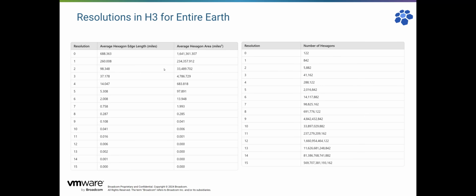The graph on the left shows there are 15 resolutions available in Greenplum for these hexes. If you do resolution 1, then every hexagon is 234,000 miles. If you do resolution 7, every hexagon is almost 2 miles. And at 7, the whole Earth fits 98 million hexes. So depending on what kind of problem you're doing, you pick the resolution you want to use, right?